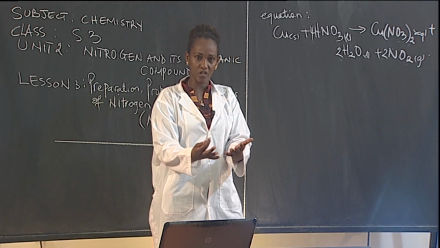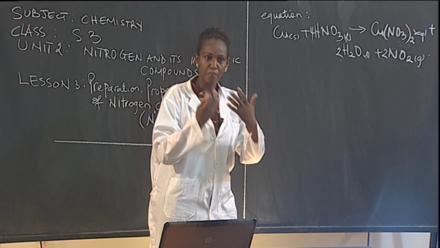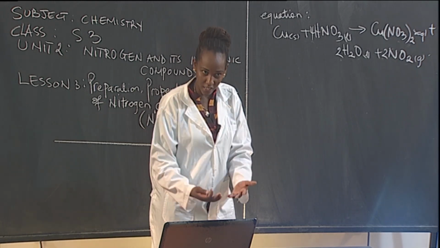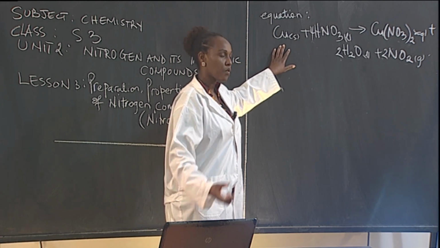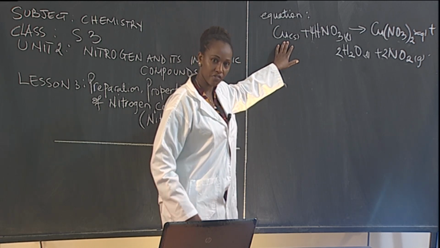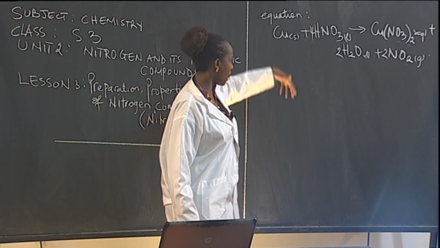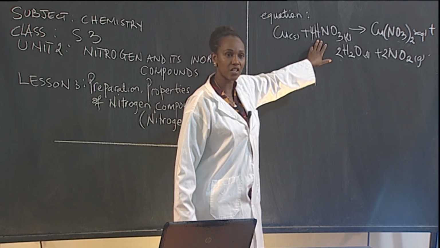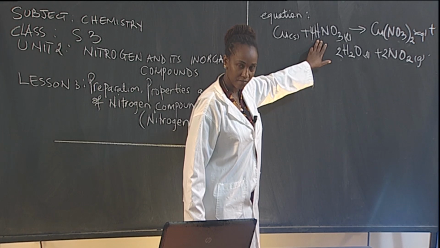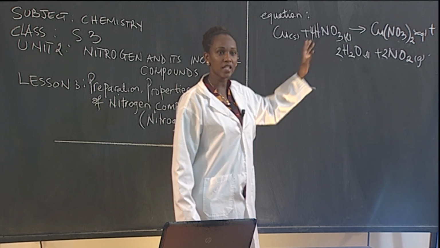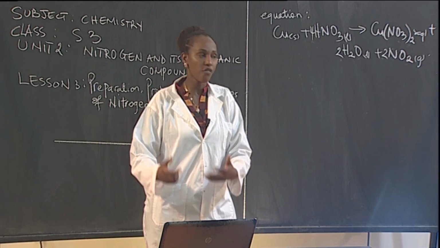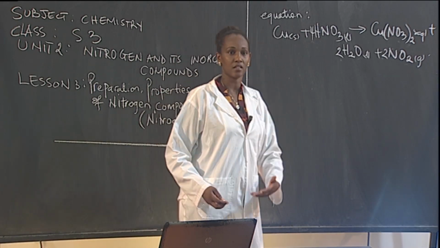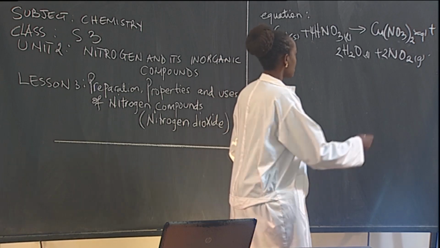So in the laboratory, when we are preparing nitrogen dioxide, we use copper turnings. We put it into a round bottom flask. We add the concentrated nitric acid. It forms a green solution of copper nitrate.